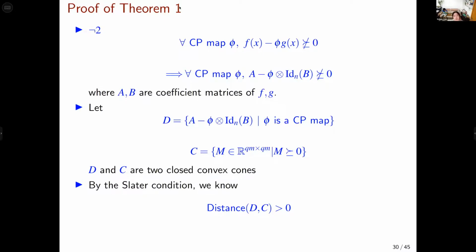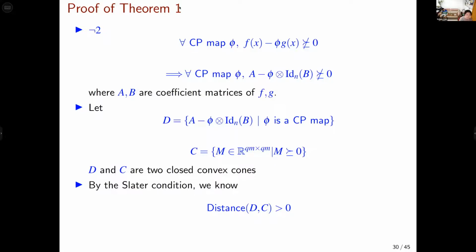And we can use the coefficient matrix to express it. So for every completely positive linear map phi, the coefficient matrix A minus phi tensor the identity map on B is not positive semi-definite.